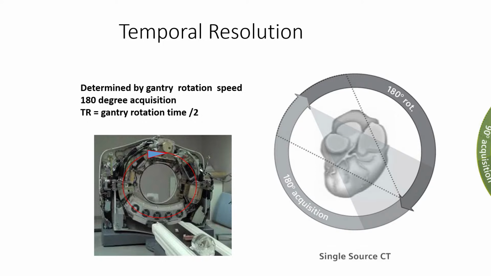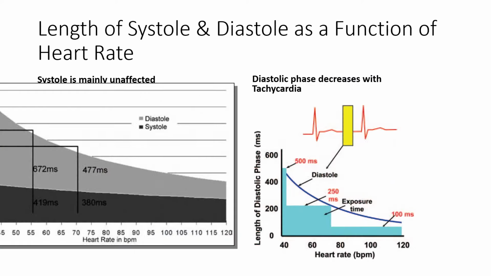The temporal resolution is usually determined by gantry speed. The temporal resolution is the gantry rotation time divided by 2, because you don't have to go through the entire patient. You only go through 180 degrees. Using a mathematical model, you can project what the profile looks like from the other side.